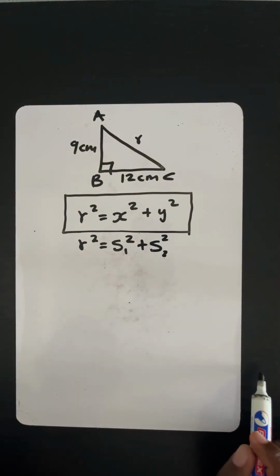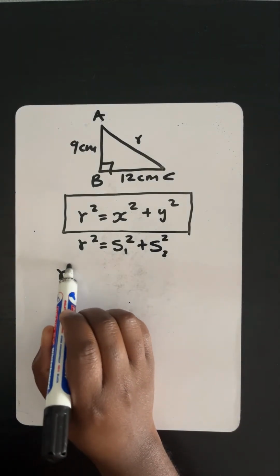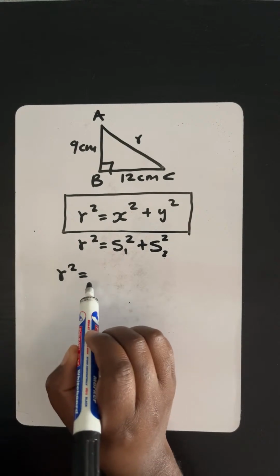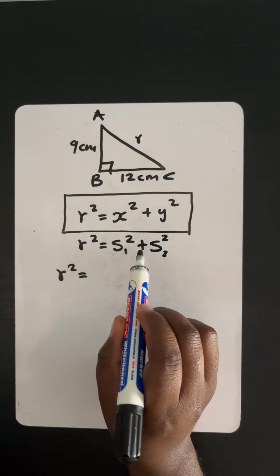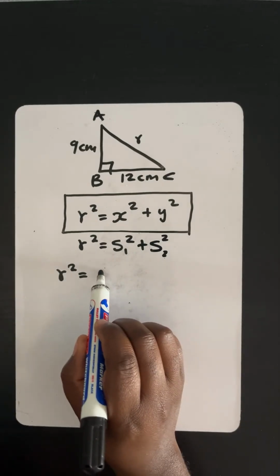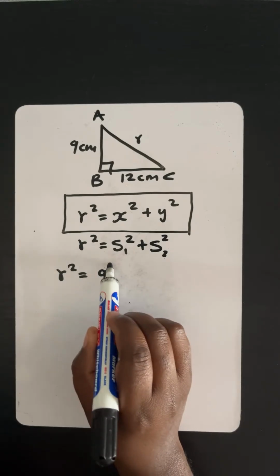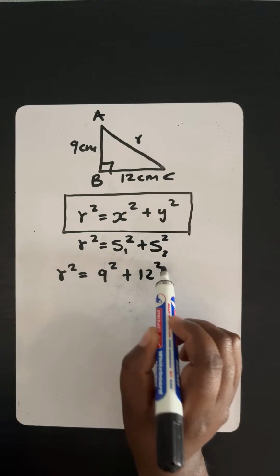Now let's try to substitute. So we have our r squared, which is equal to, there is the formula, whichever way you interpret it, it's fine. But what I'm doing now is to substitute. Side 1, it doesn't matter whether you start with that 9 squared, that means you will have your 12 squared there.